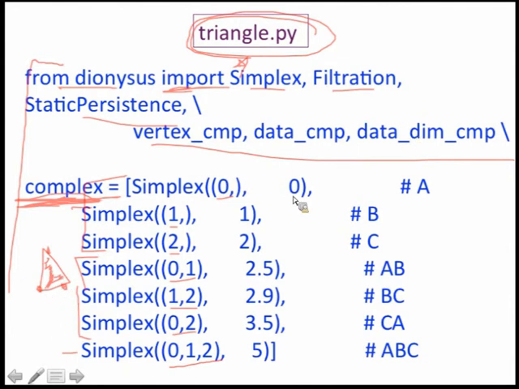And then there are these real numbers. These real numbers are basically our times. They don't have to be times, but they can be used basically to order when these simplices enter into our filtration. So we can use these real numbers to create our filtration, and they can be any real numbers.